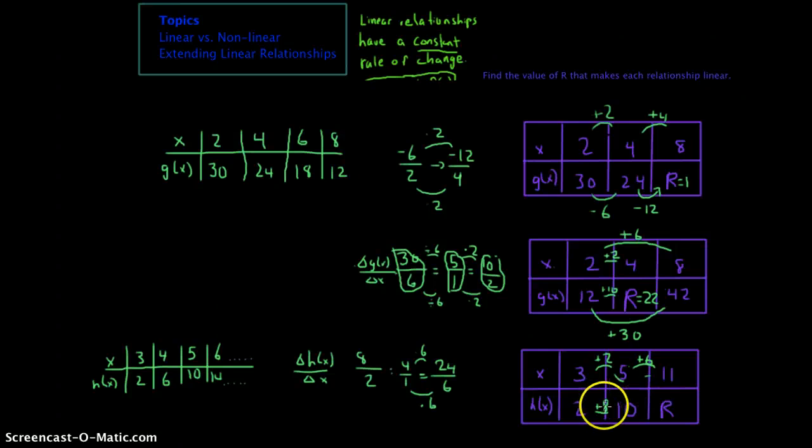So now to get from 5 to 11, my inputs go up 6 and my outputs are going to go up 24, leaving me with an R equal to 10 plus 24, which is 34. All right, so that's it for the video today, and that should allow you to complete your homework problems. Thanks for watching.